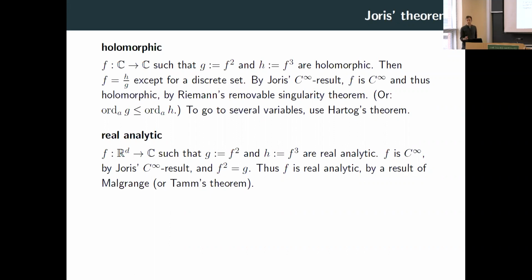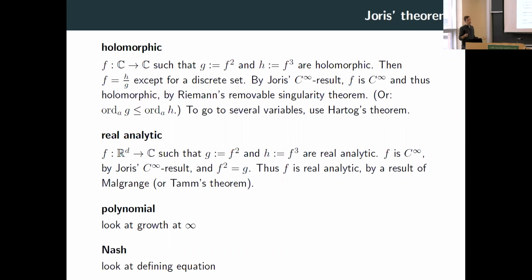Well, then Liouville tells me that the function f is C infinity, and it satisfies an analytic equation, namely f squared is equal to g, and I know that g is real analytic. So by a result of Malgrange, I can deduce that f has to be real analytic, or you could also use Tame's theorem in this context, I guess.